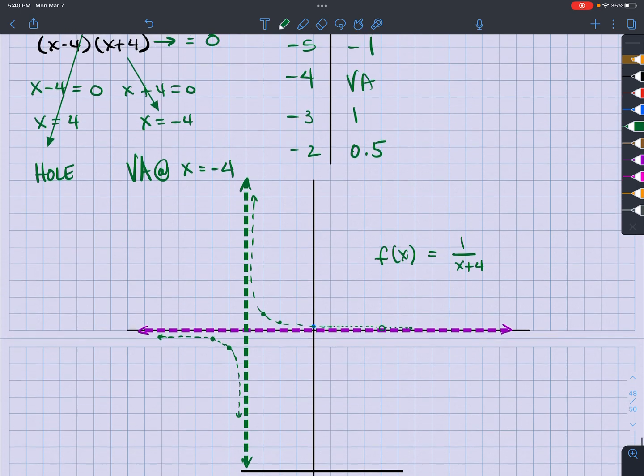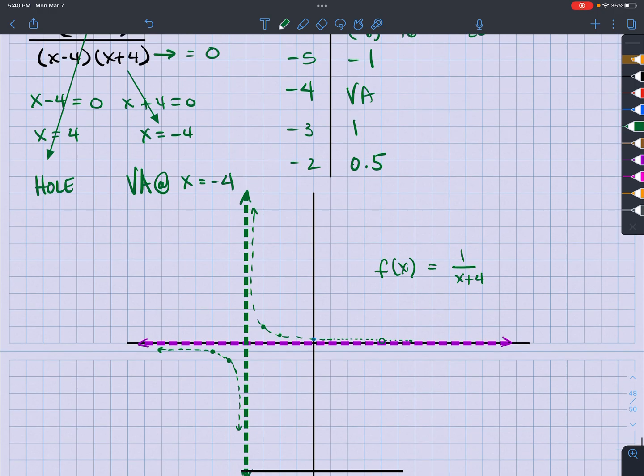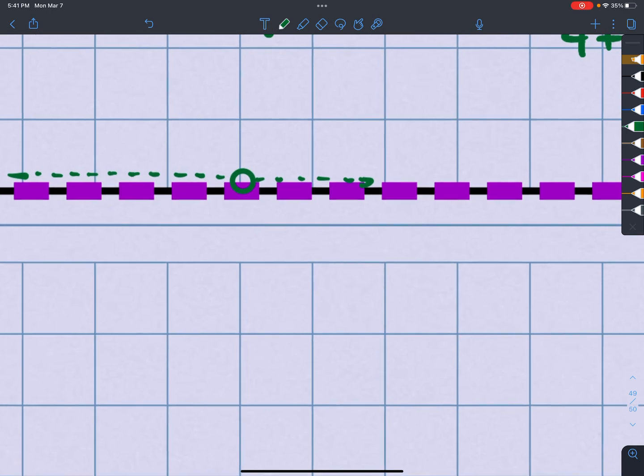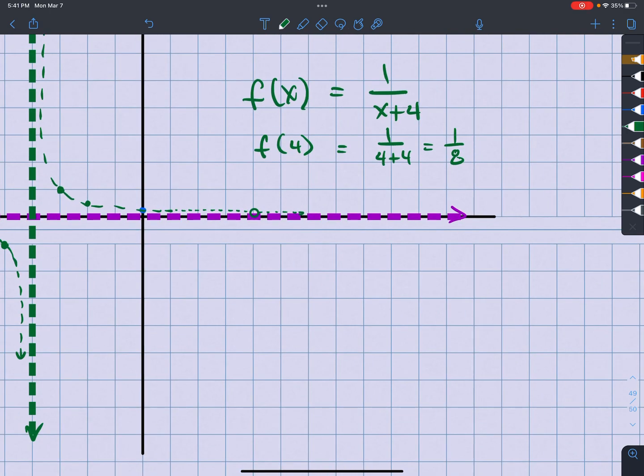So if I find f of 4, that's going to be 1 over 4 plus 4, which is 1/8. All right, so 1/8 would make sense. That would be right about there. So that's how I could find the position of that point, of that circle or that hole.